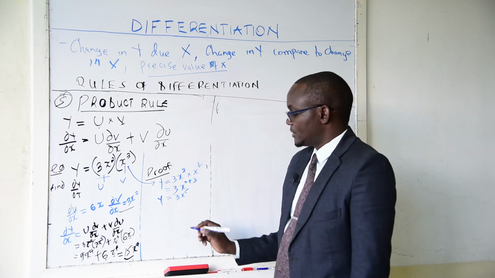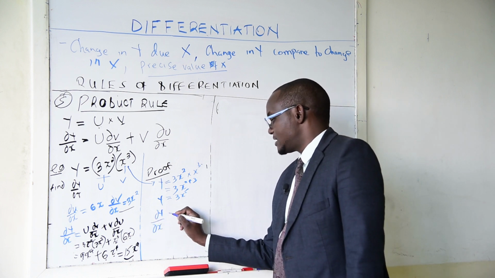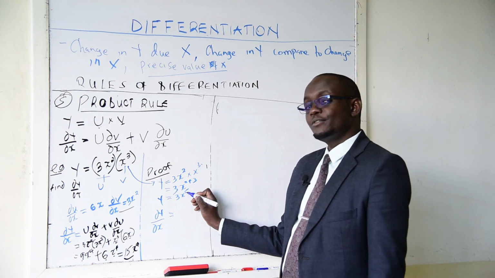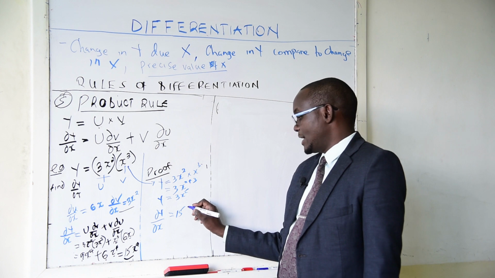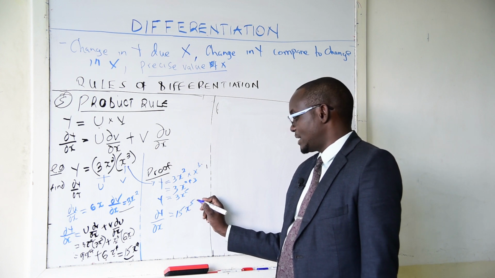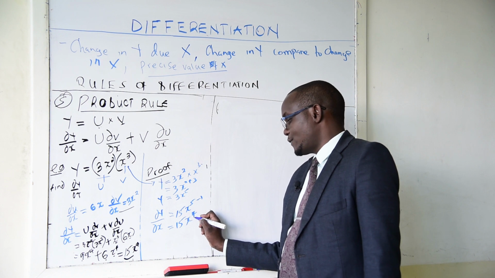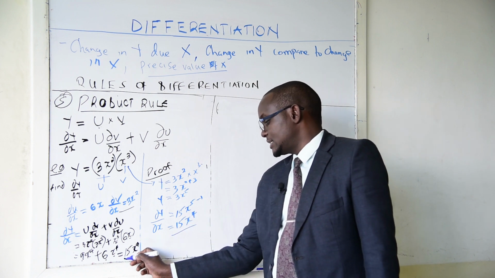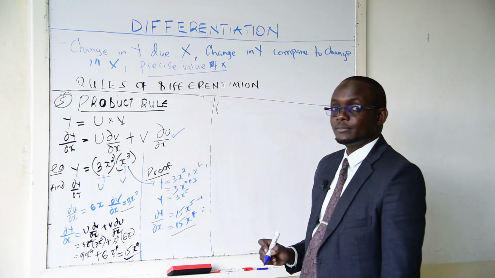That is my y. So to differentiate from here, we have dy over dx equals 5 multiplied by 3 is 15, then we have x, 5 minus 1. We have 15x power 4. This is the same as this, which proves that this formula is right.